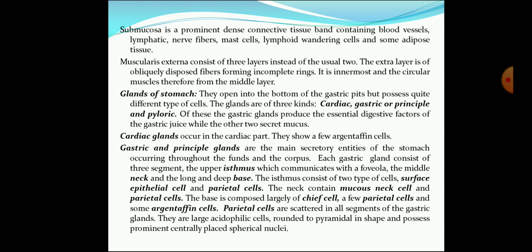These are endocrine cells. Such cells also occur in the small intestine. All share a common property of amine precursor uptake and decarboxylation and are therefore also known as APUD cells.